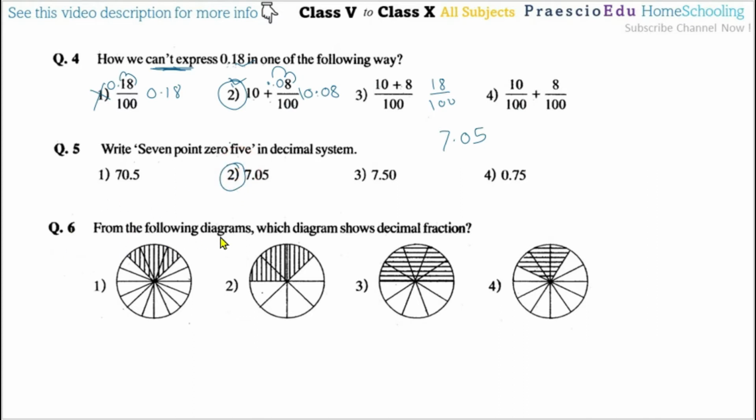Question number 6, from the following diagrams which diagram shows a decimal fraction? Decimal fraction means in the denominator there is a 10 or multiple of 10. Okay, so here we will count first for the denominator.